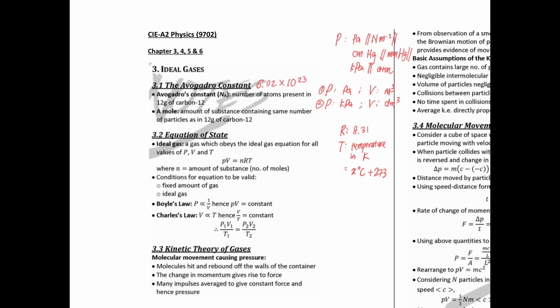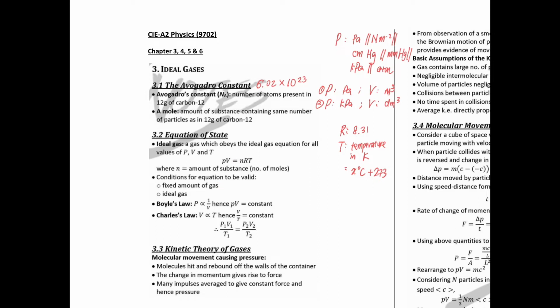For example, if your container has gas released to the surroundings, then you can't use PV equal to nRT anymore because the gas decreases in terms of number of moles. So the mole is not fixed anymore. That is an example where we can't use it, when gas leaking happens.